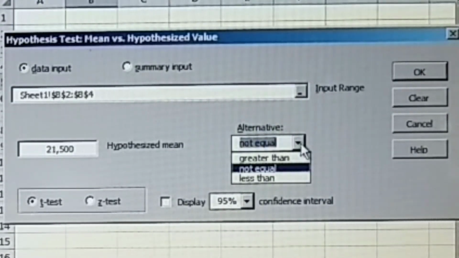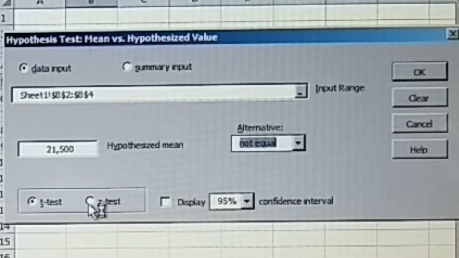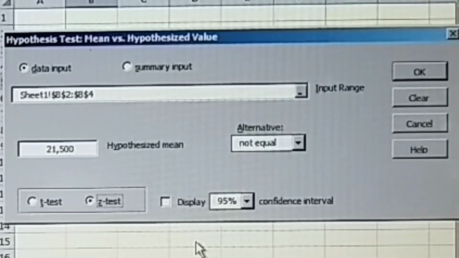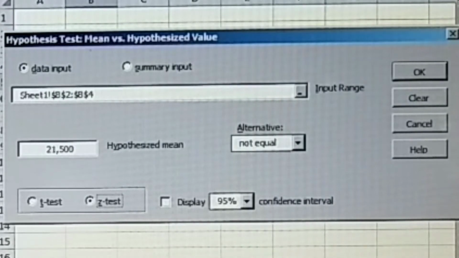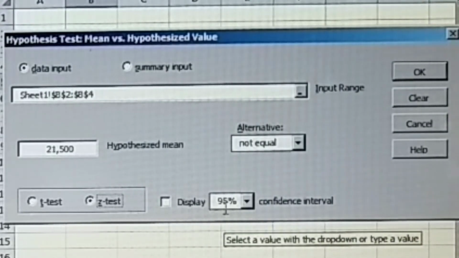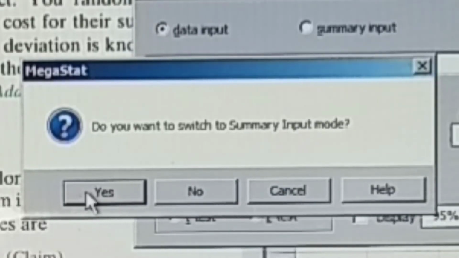And for the alternative, we put not equal. For this section, we click z-test. And for the confidence interval, let's subtract 0.05 from 1, so that would be 0.95 or 95%. Let us now click OK, and we click yes.